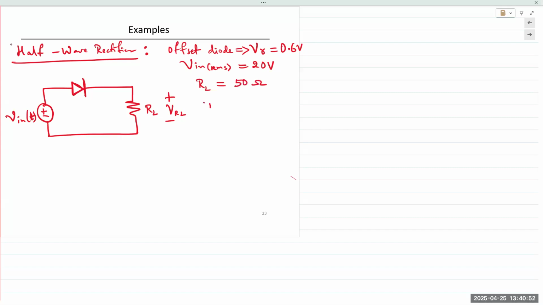The question being asked is to determine the peak value of the current, and also determine the RMS value of the current. The current, of course, because it's a series circuit, is going to remain the same. The same current is shared by the power supply, the diode, and the load resistance.